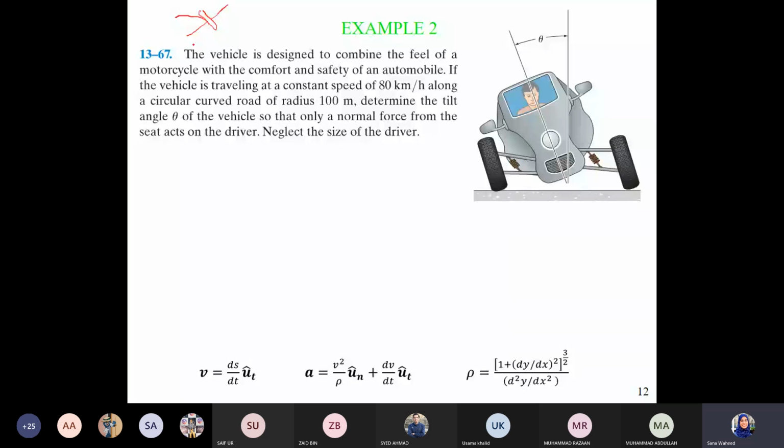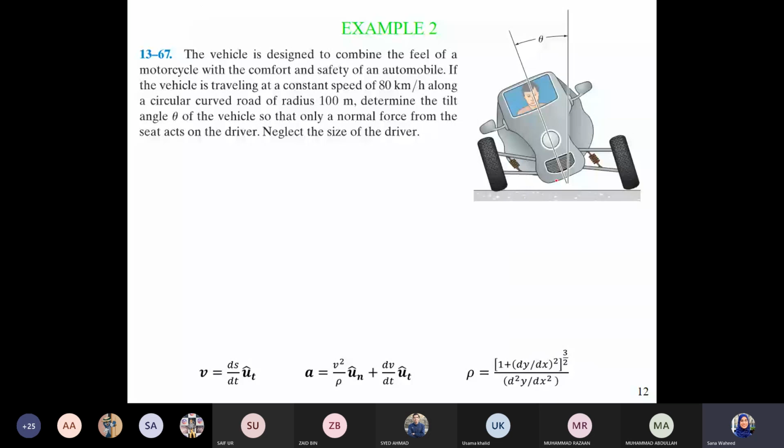I think you all have noticed this. So there's actually a reason why we employ these banked curves and this sort of tilting motion when we're going around a curve. I hope this example will make it a little bit clear.